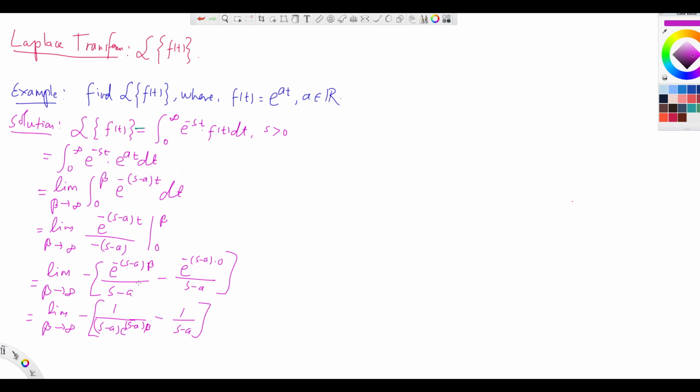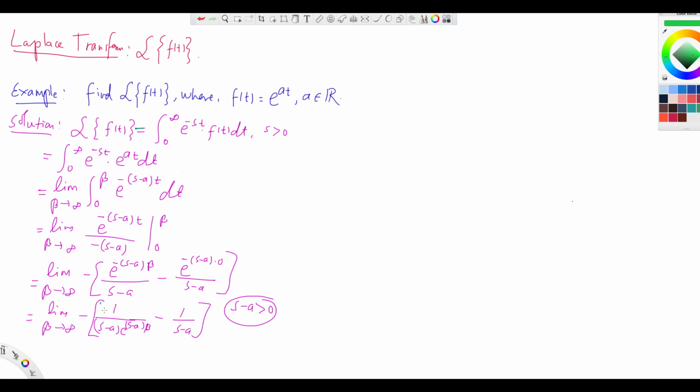Okay, what we are assuming here is that s minus a is positive. If s minus a is positive, then this exponent will be negative because there is a negative (s minus a) times beta. So I move that to the denominator to make it positive. Now let's take the infinity for beta. So this will be 1 over a very big quantity, so this will go to 0. You see that?